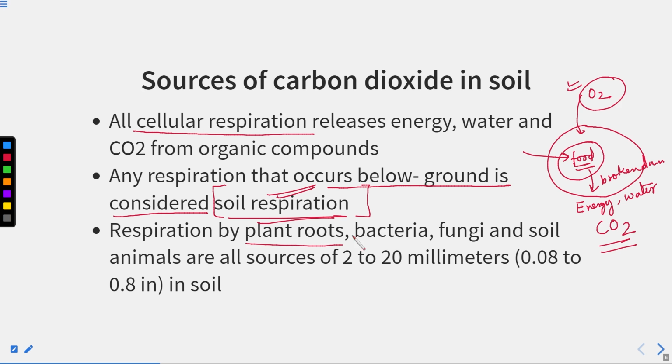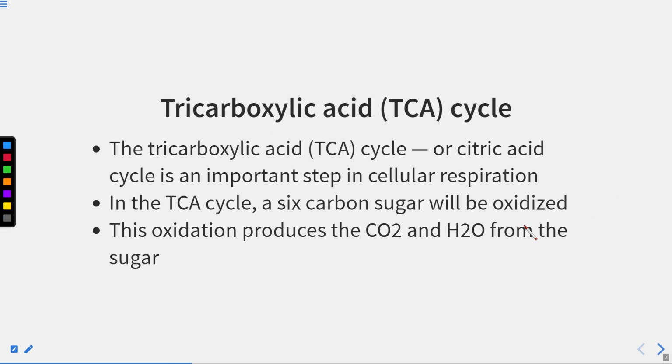Now, respiration by plant roots, bacteria, fungi and soil animals are all sources of carbon dioxide in the soil, in the zone of 2 to 20 millimeters, that is 0.08 to 0.8 inch, where soil respiration is taking place.